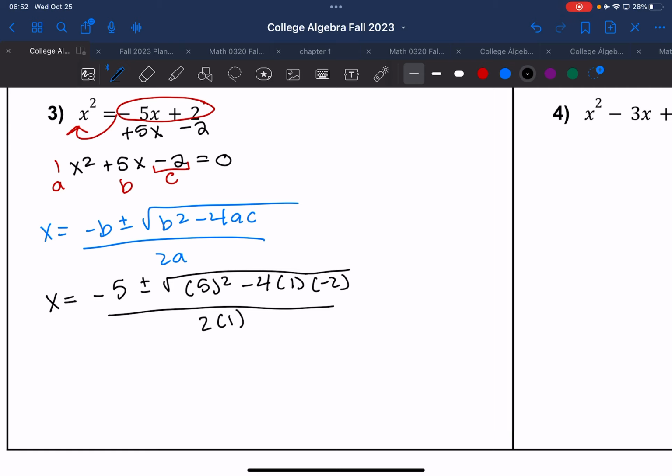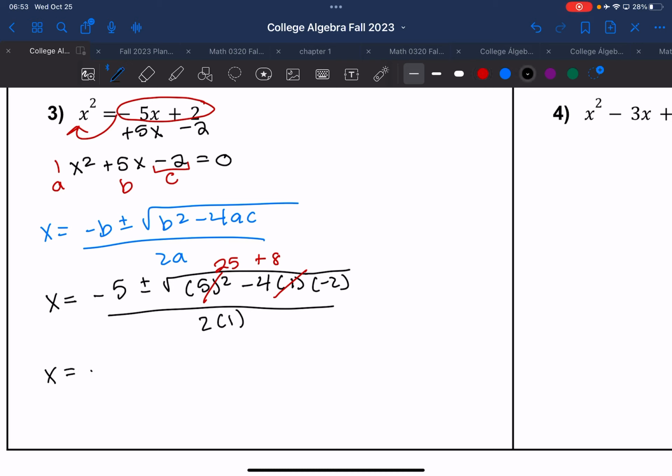So again, you can type that whole discriminant that's under the radical sign into your calculator, or you can just do 5 squared, which we know is 25, and negative 4 times 1 times negative 2 is positive 8. So that means under the radical, you should have 25 plus 8, which is 33.